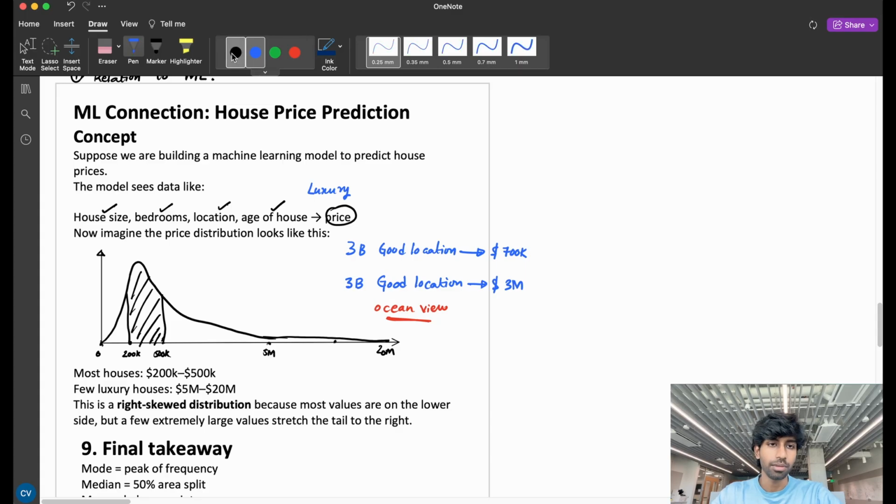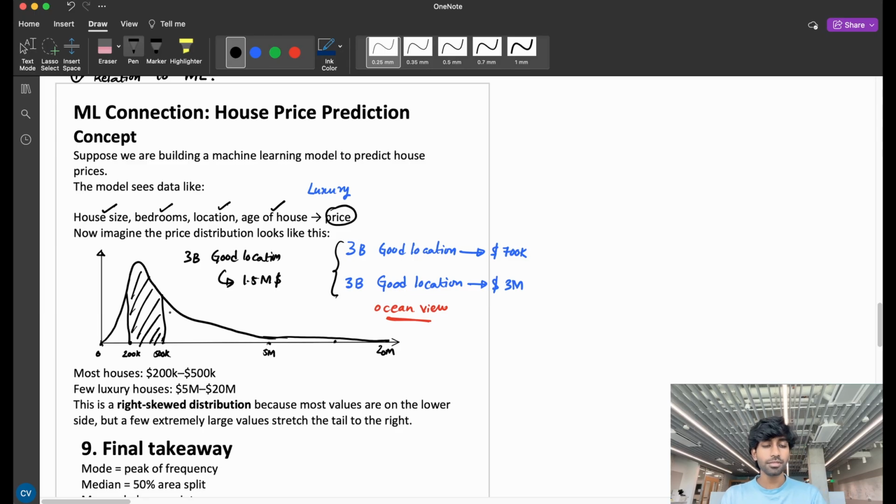So then what happens is that our model looks at these 2 points and thinks for a 3-bedroom and a good location house, the price will be around 1.5 million. It's trying to bias its opinion because it has seen higher prices for the same set of attributes we provided. So this data skewness will try to pull the price to a higher level, and it will not model the data accurately.